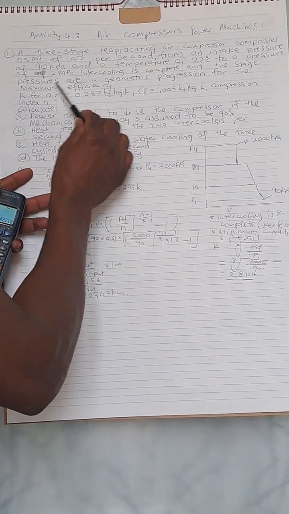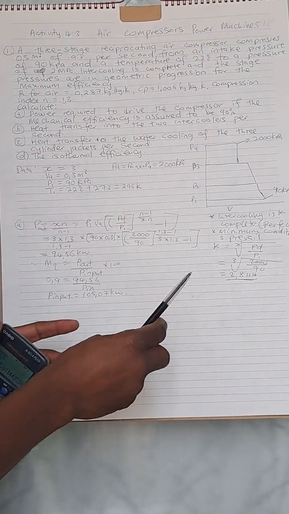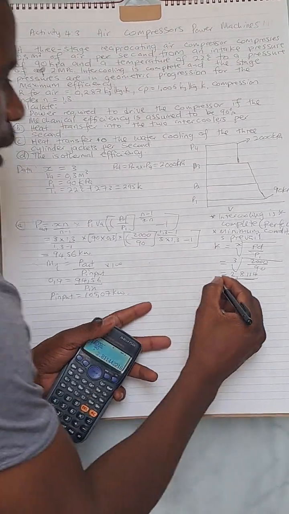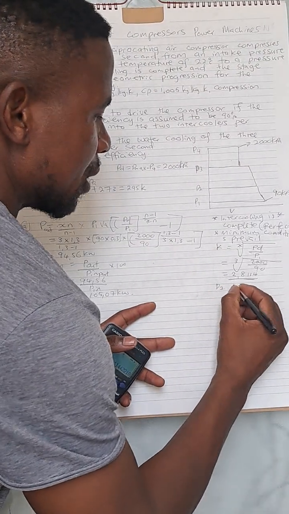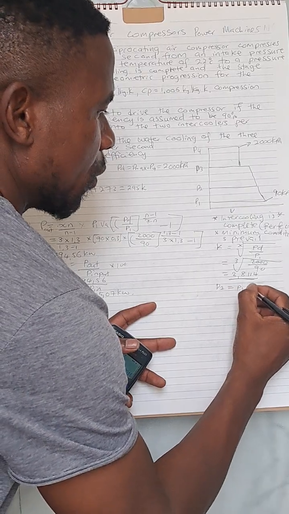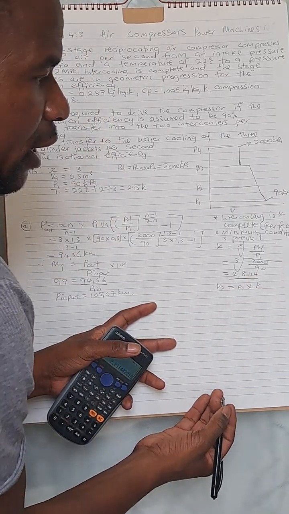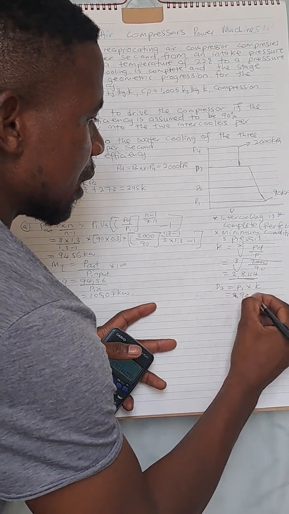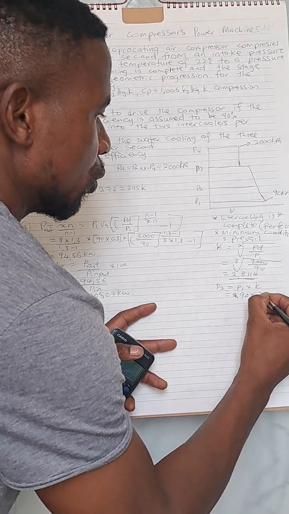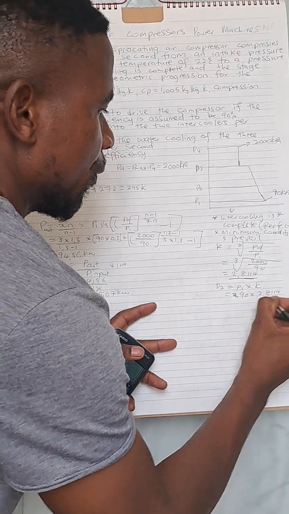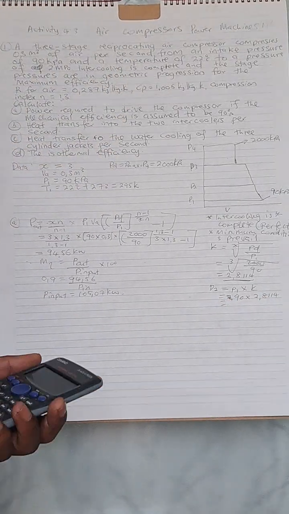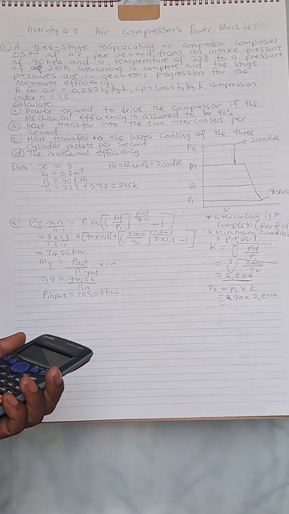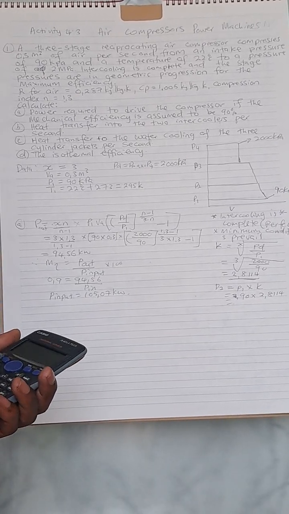So that's our stage pressure ratio. Because of this emphasis that the stage pressure ratios are in geometric progression or sequence, to get P2, it simply means P2 becomes P1 times your stage pressure ratio. So P1 is 90 times our stage pressure ratio, 2.8114.